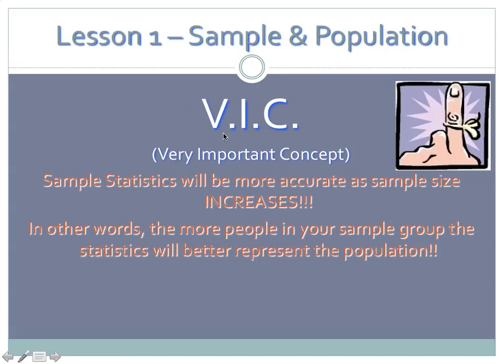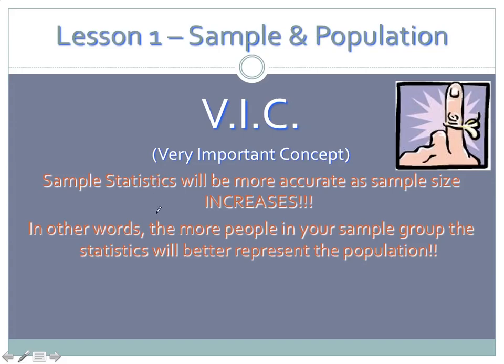All right, this is very, very important. I call this a VIC. It's a very important concept, and this is really the underlying theme of this lesson. Basically what you need to know is that sample statistics will be more accurate if sample size increases. This is hugely important. We talked about the different types of sampling, and if we sample properly, and with an appropriate amount of people, then the statistics, our data about that sample group, will be more accurate.